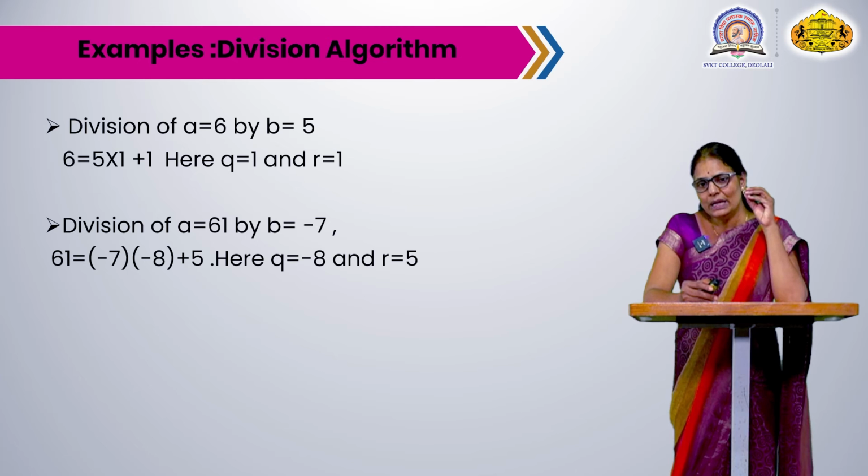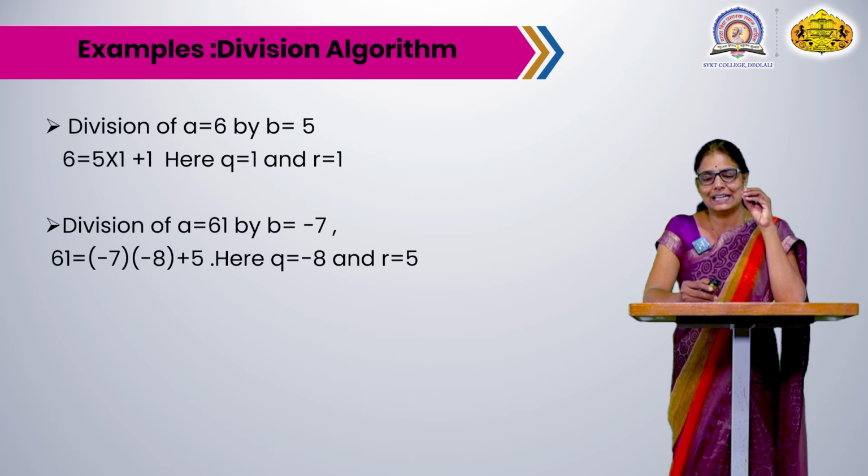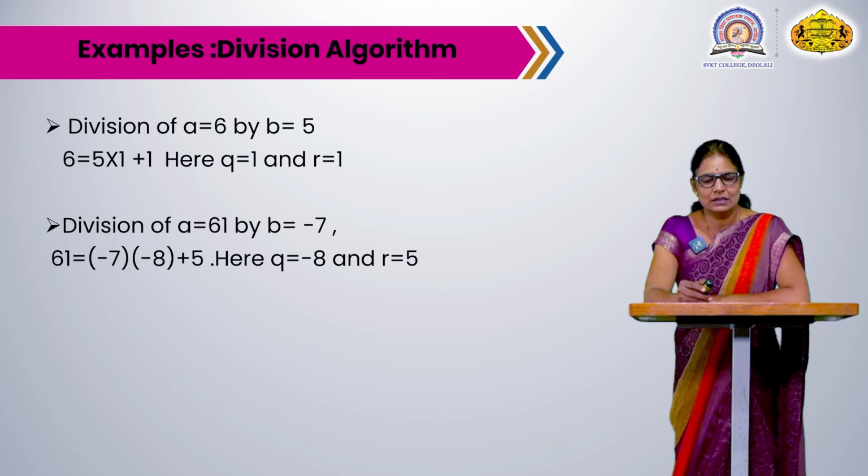Remember, r should be less than mod of b. That is very important: the remainder should be greater than or equal to 0 and less than mod b. Since here r is less than mod 7, this is the quotient and remainder.